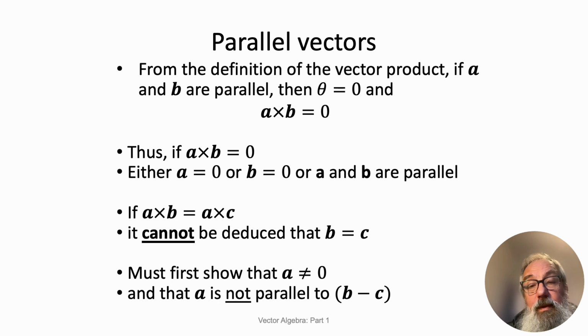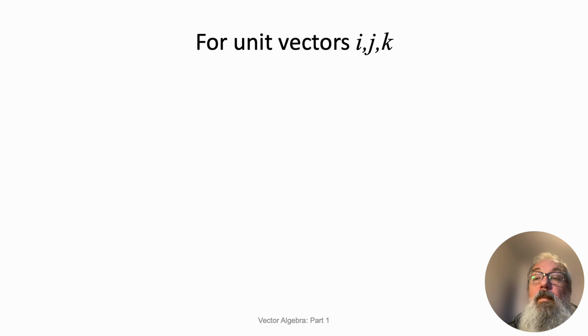And the second check, which is not as obvious, is that A is not parallel to B minus C. The unit vectors are really important here, because they themselves form 3 orthogonal vectors.